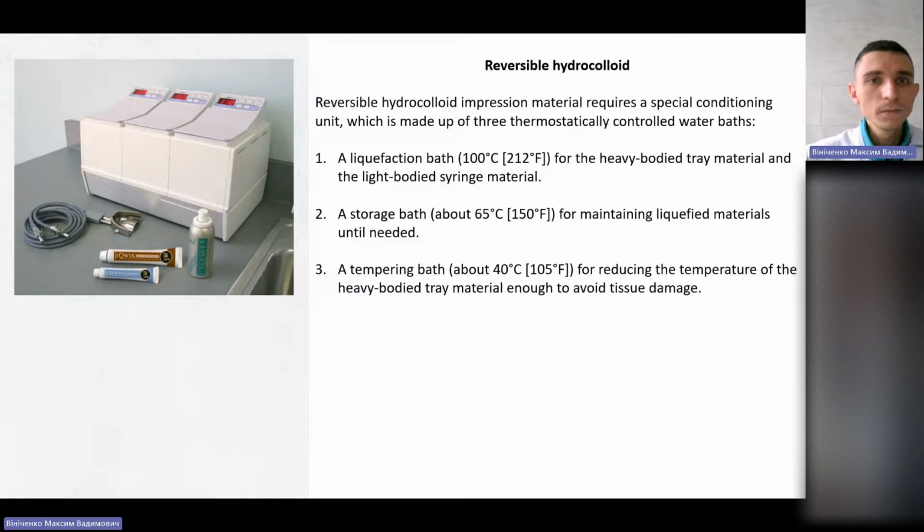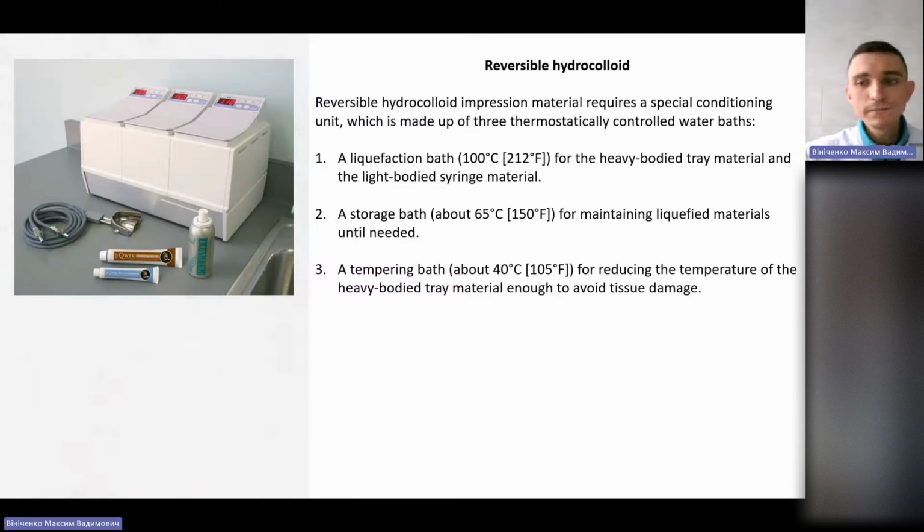There must be a special conditioning unit, which is made up of 3 thermostatically controlled water baths. It's a liquefaction bath for the heavy-bodied tray material and the light-bodied syringe material, a storage bath for maintaining liquefied materials until needed, and a tempering bath for reducing the temperature of the heavy-bodied tray material to avoid tissue damage.